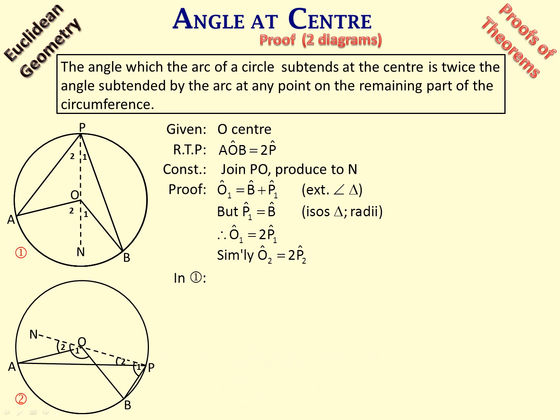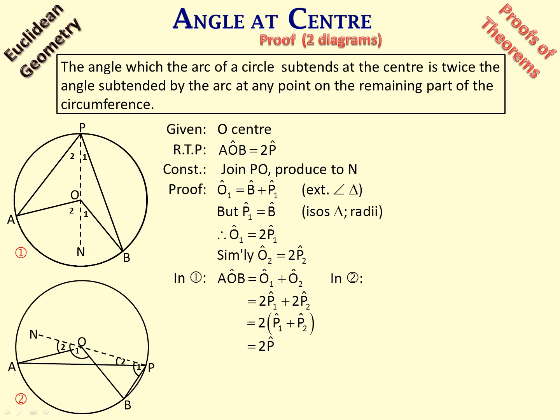So we say in the first diagram, we're going to do exactly the same proof as before. Adding O1 and O2, that equals O1 plus O2, which is therefore twice P1 plus twice P2. Common factor, P1 plus P2, and P1 plus P2 is P. So there, that's finished.